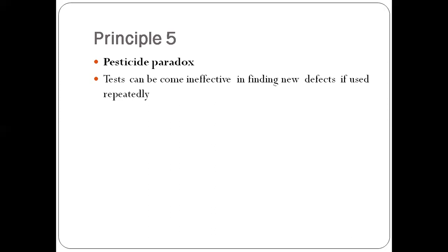Maybe you are a boundary value analysis specialist, and that is just what you know in software testing, and that is all you use every time. There are some defects outside that you will not be able to discover if it is just one single test technique you are using. So that's principle number 5.